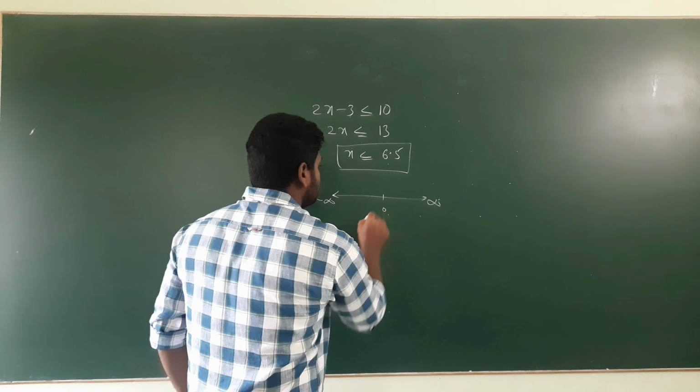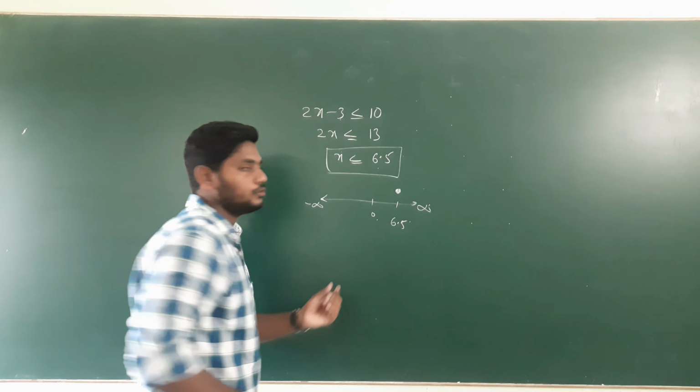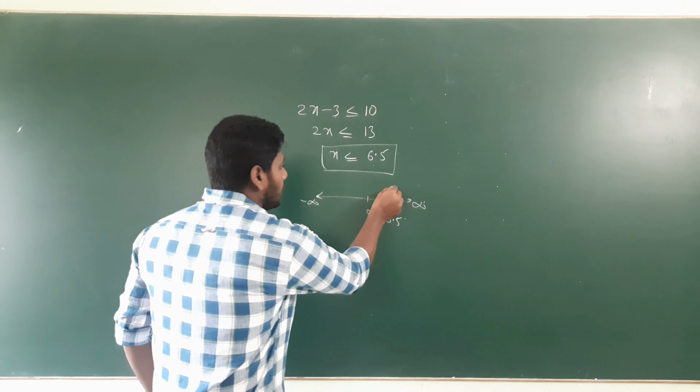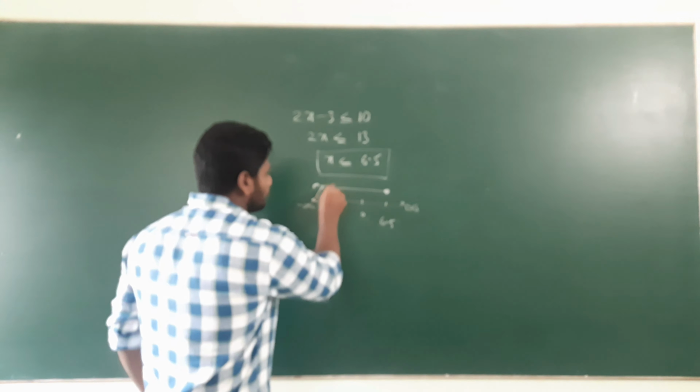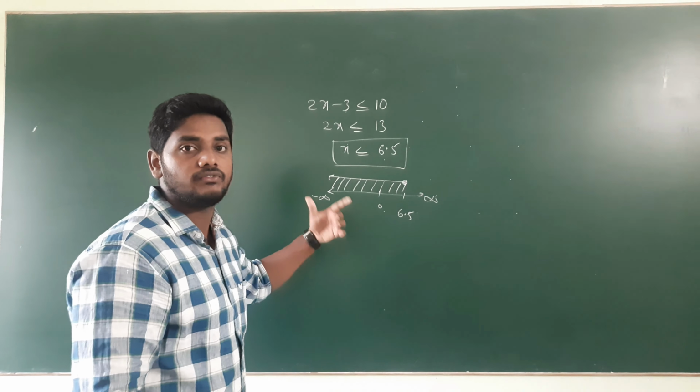For example, if it is 0, if it is 6.5, how will we represent this solution set? Less than or equal to 6.5. At 6.5 we need to put a dark circle, and the left side of that we also need to shade. So this is the solution set in terms of number line.